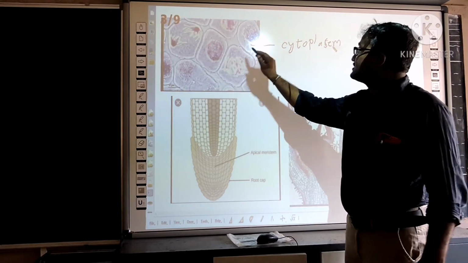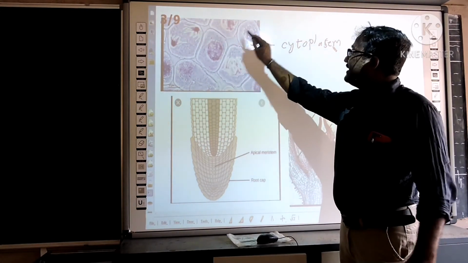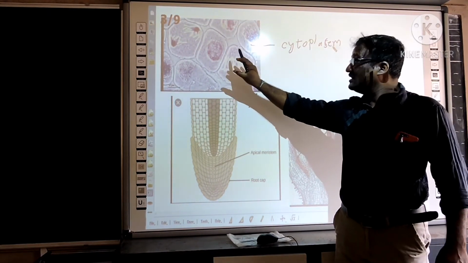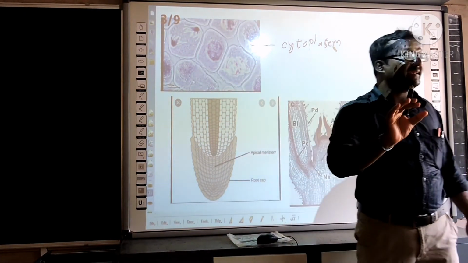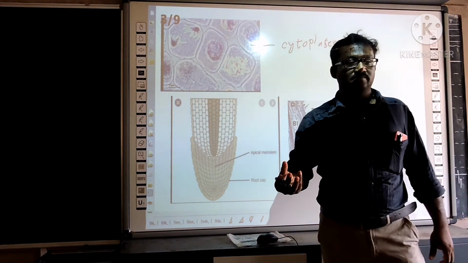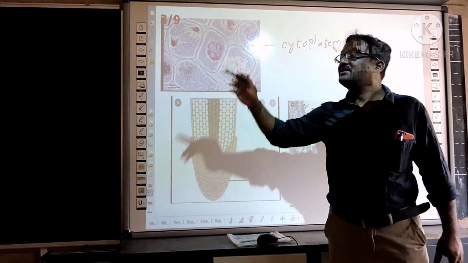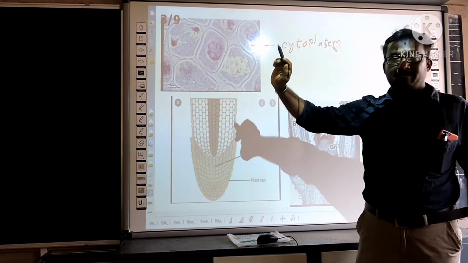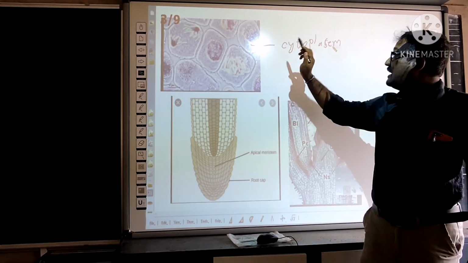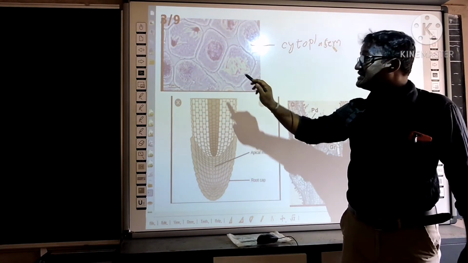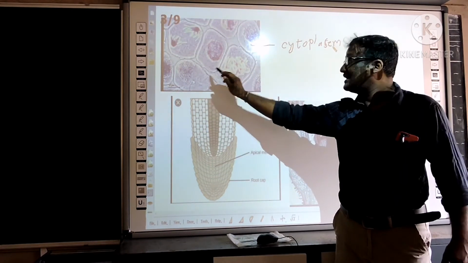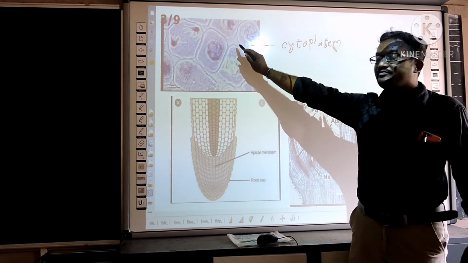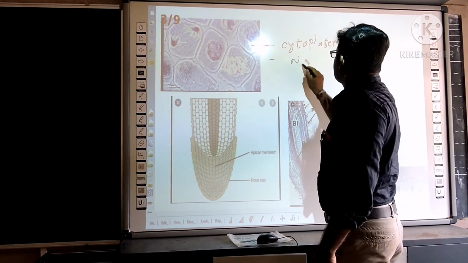The nucleus, you see the size of the nucleus. It is prominent and large. Why? Because meristematic cells are actively dividing cells. They need more energy. They need more control. That's why they have a large nucleus which contains more genetic material. And the cytoplasm is also dense. See the arrangement of cells. They are tightly packed against each other. Intercellular spaces are less. There are no intercellular spaces.